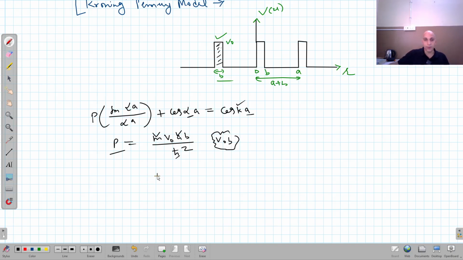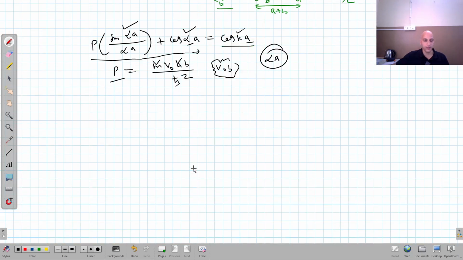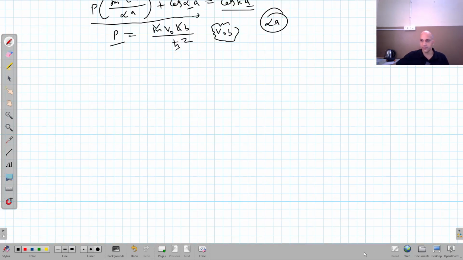Now, I plot a graph of this side against alpha a.